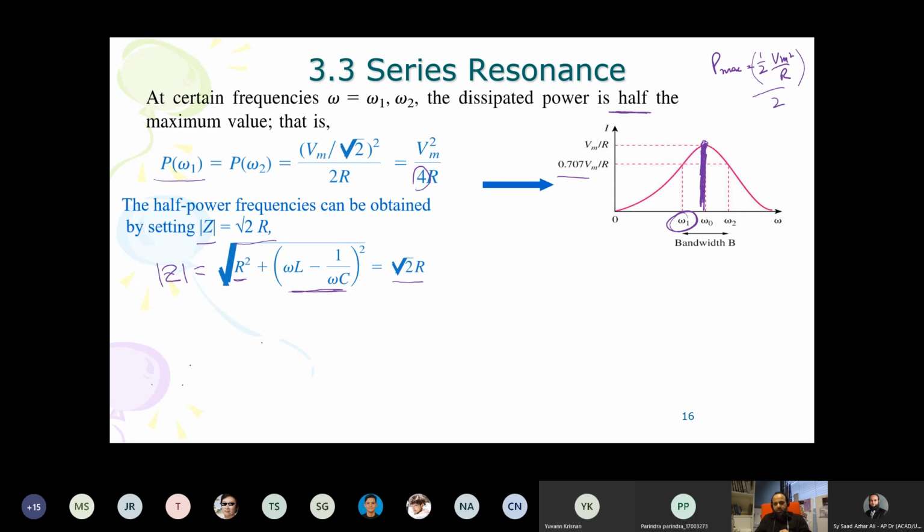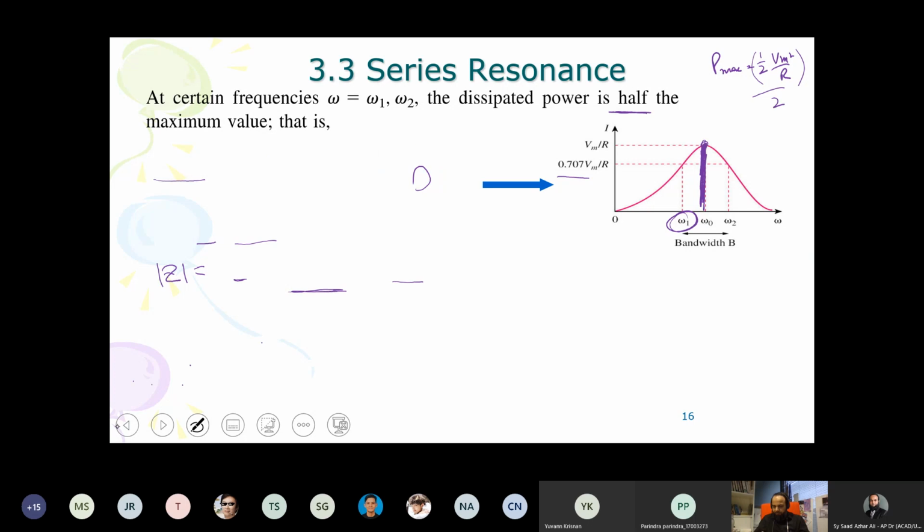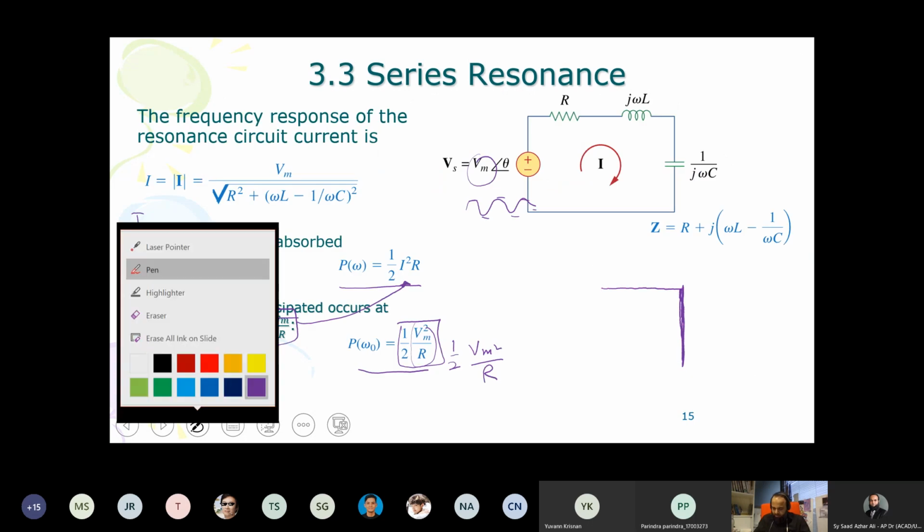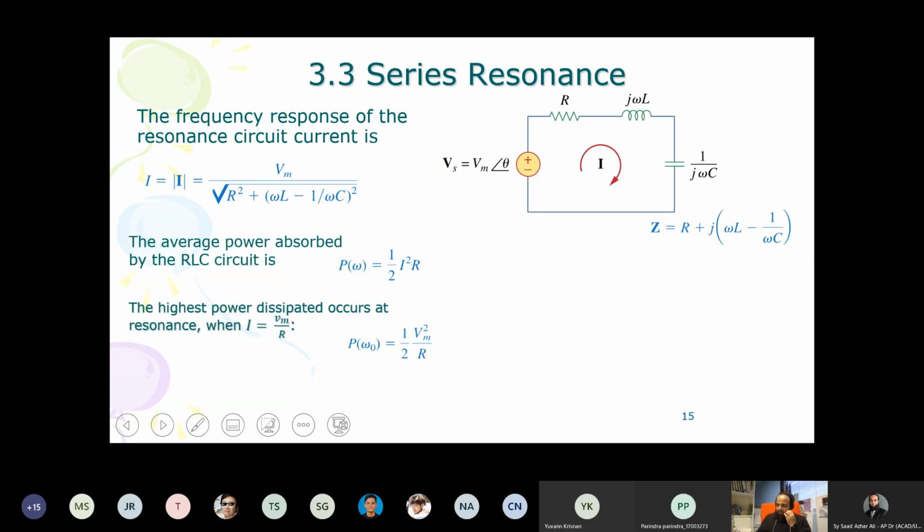If you want to find the frequency, so if you go back, let me just remove all the ink from here. If this is my circuit and I want to find out the omega naught and the frequency at which we will still be having half the power, that's what we call omega 1 and omega 2. Omega naught is the resonant frequency, and omega 1 and omega 2 are the frequencies at which we are still having half the power.